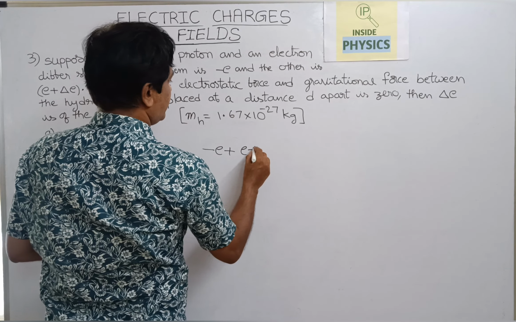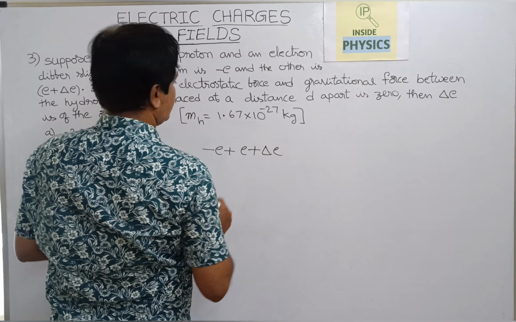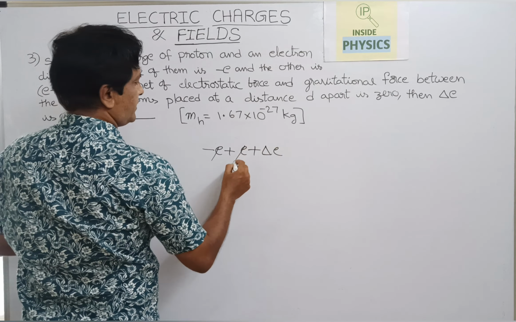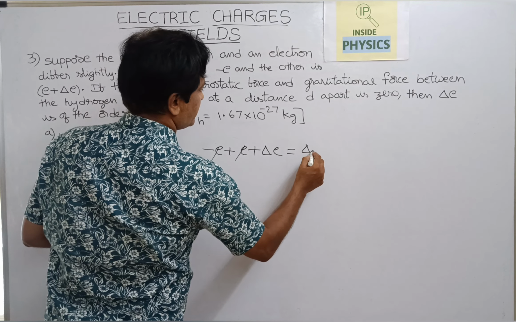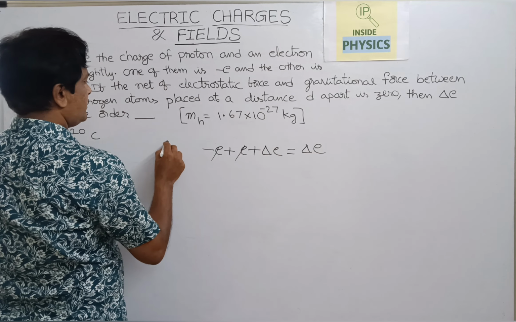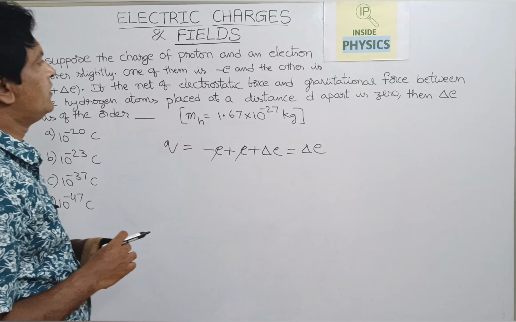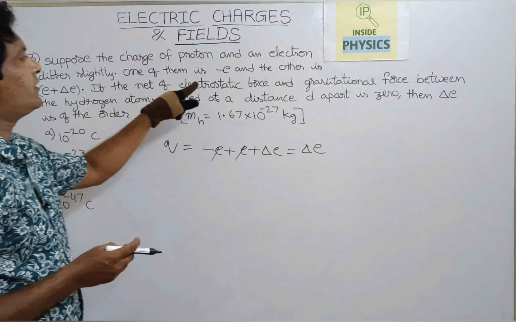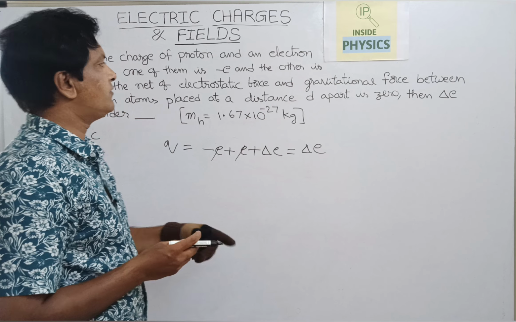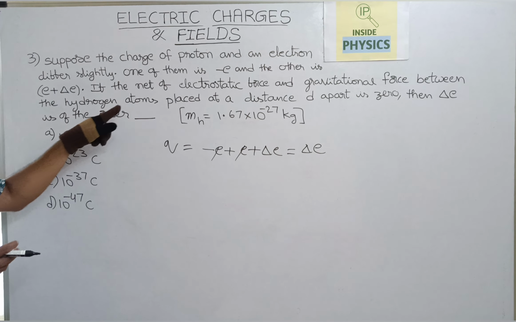This is obviously, E gets cancelled. What is the remaining charge? That is delta E.